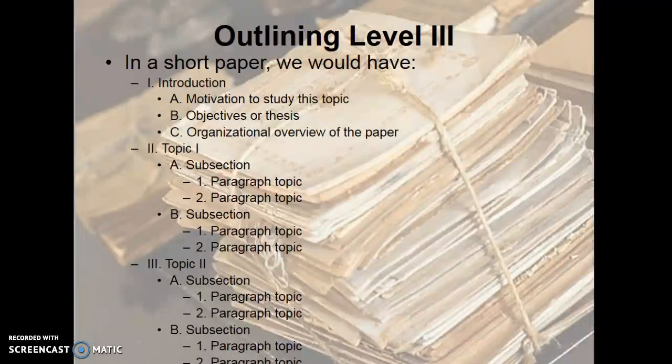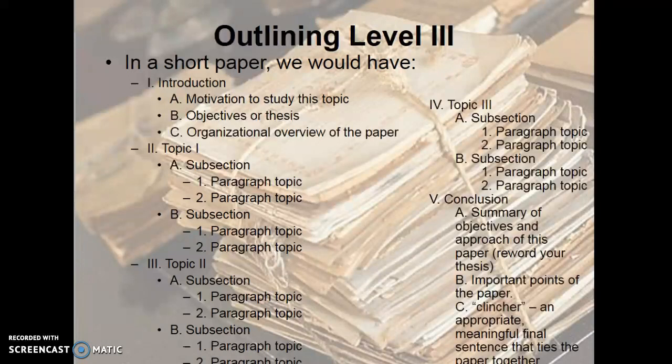So just to review, in a short paper, we'd have an introduction with those 3 elements, and then we'd have a first topic. Our topic's going to have subsections, and those subsections are going to have paragraph topics. This is a short paper, so we're only going to have 3 topics with subsections and paragraph topics, and then conclusions.